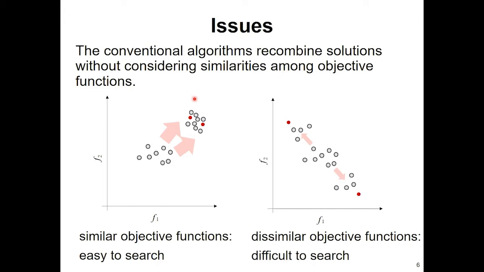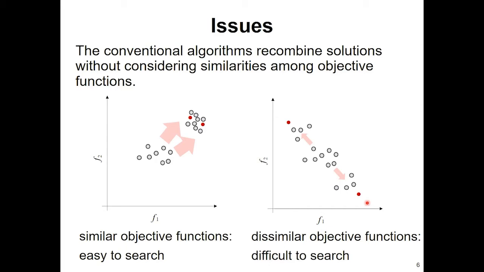However, the recombination of solutions with scale factors of dissimilar objective functions deteriorates the simultaneous optimization of their objective functions. For example, as shown in this figure, when the global optimal solutions of 2 objective functions are far from each other, the similarity of the objective functions is low.